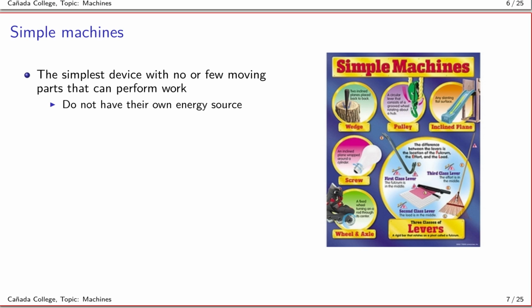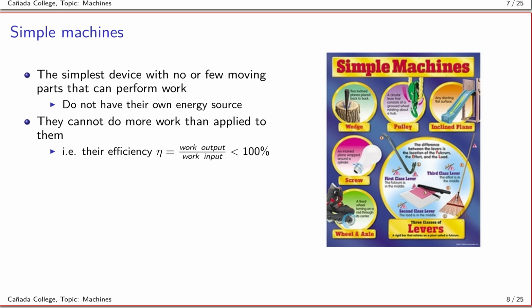So it turns out that a simple machine is one in which there are no or very few moving parts that can perform work. And as you can see from all these examples, these simple machines don't have their own energy source. So something needs to be done for them to do useful work.